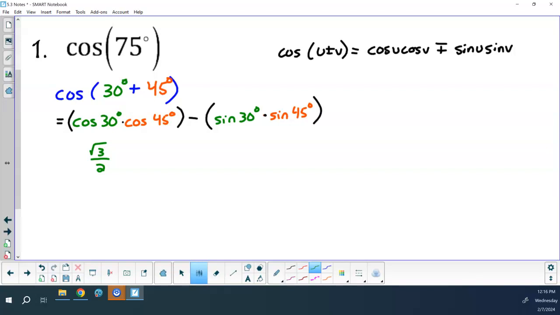The sine at 30 degrees. 1/2. The cosine at 45 degrees. Root 2 over 2. And the sine at 45 degrees. Also root 2 over 2.